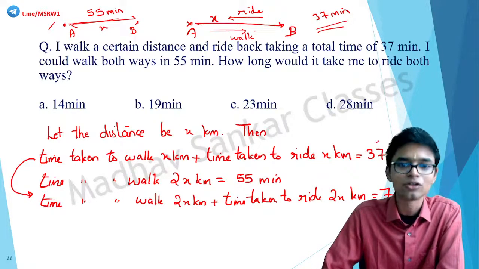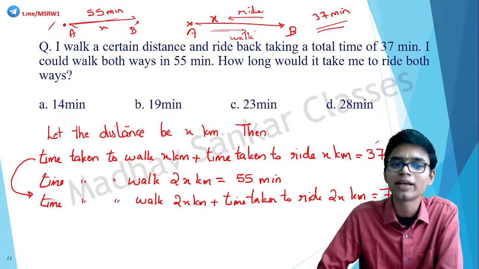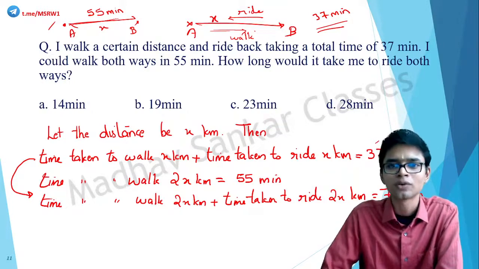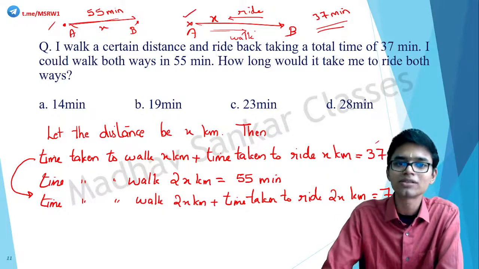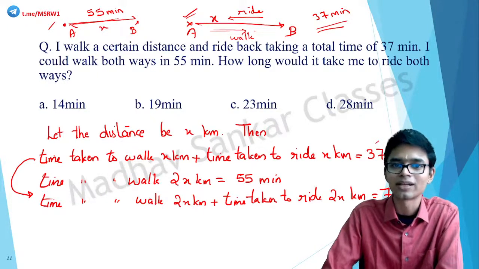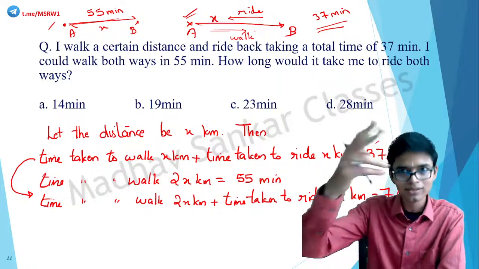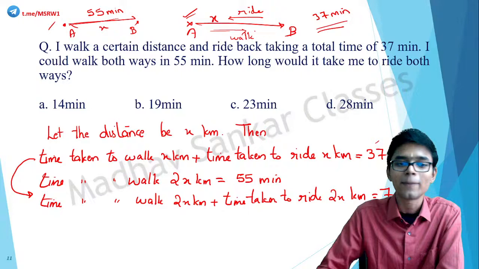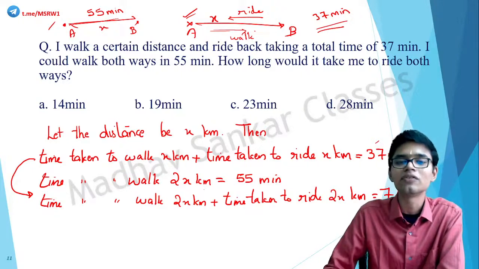That is 37 into 2. Correct? We are multiplying this statement by 2. So time taken to walk twice the distance plus time taken to ride twice the distance, that is 37 into 2, that is 74. Also very much logical. Correct? Doing 2 times the same thing. This first diagram, so the distance will be twice, so the time also will be twice. So that is 74. But time taken to walk 2x kilometers is only 55.